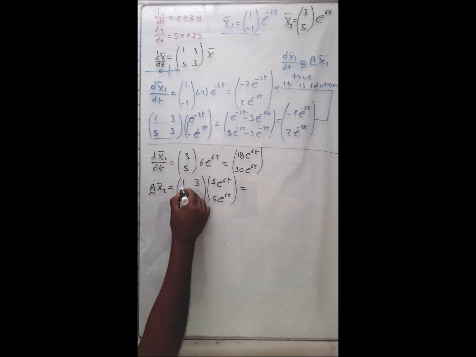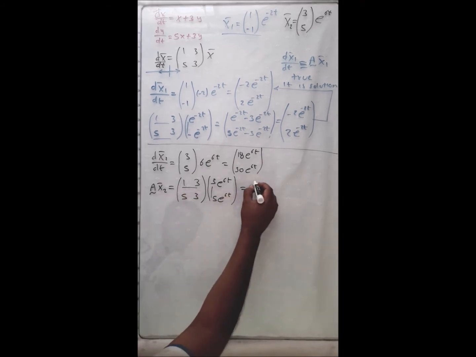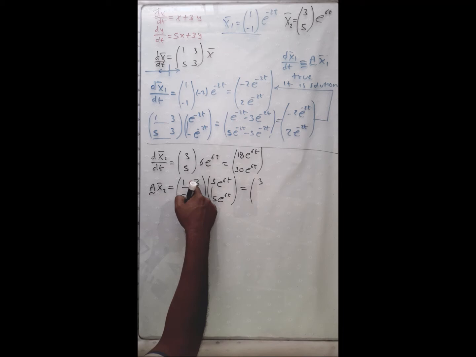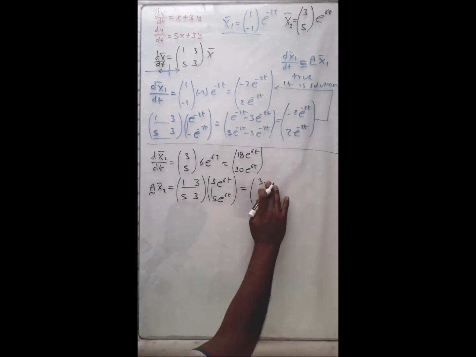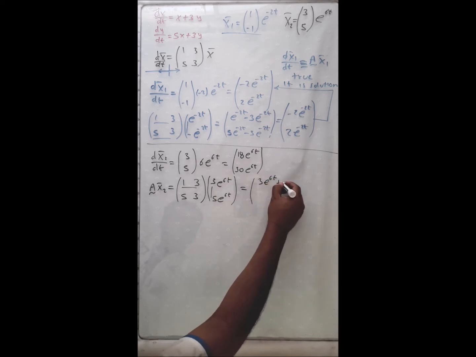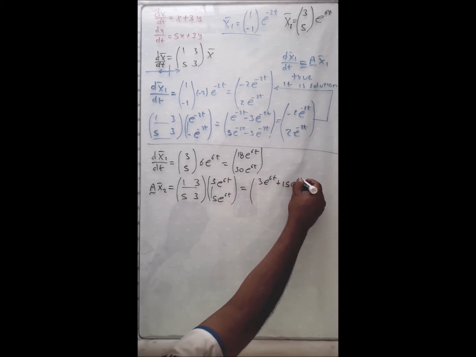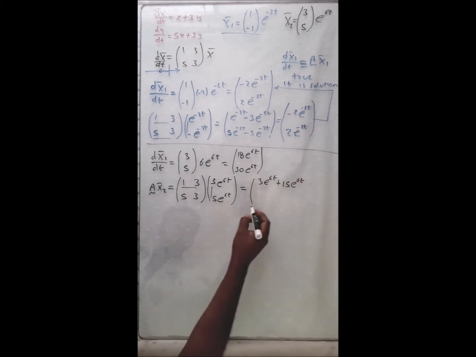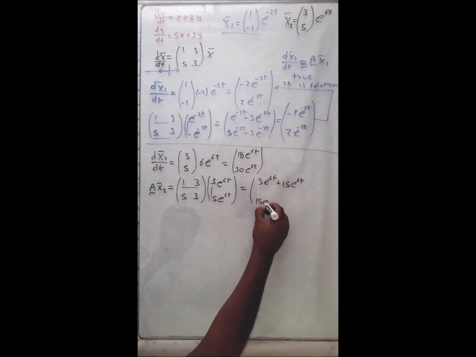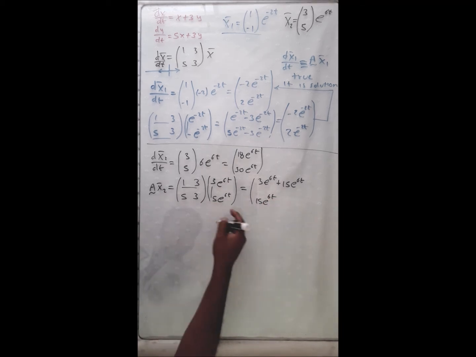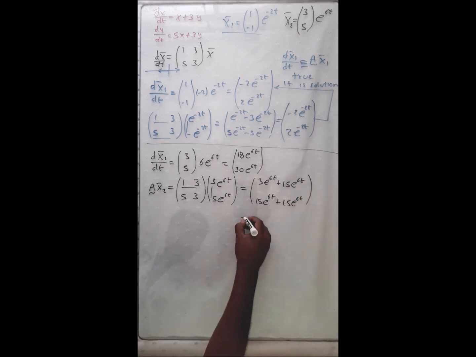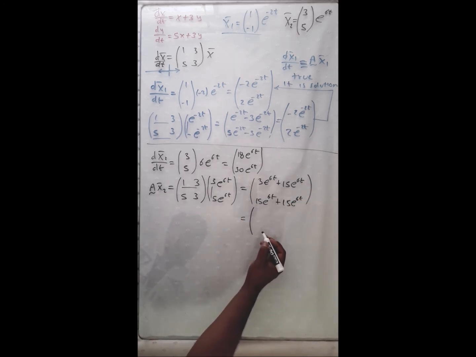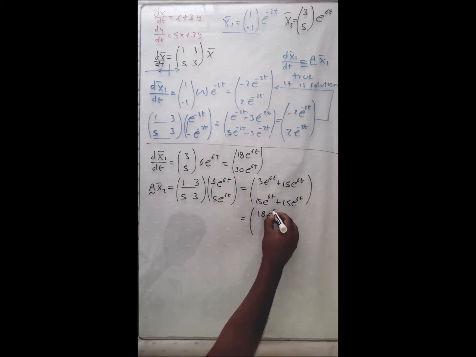So the multiplication is going to be this row times this column. 1 times 3 is 3, and 3 times 5, 15. 3 exponential of 6t plus 15 exponential of 6t. And then 5 times 3 is going to be 15 exponential of 6t, and 3 times 5 is going to be plus 15 exponential of 6t. So what is the result of this? It's going to be 18 exponential of 6t, and then 30 exponential of 6t.